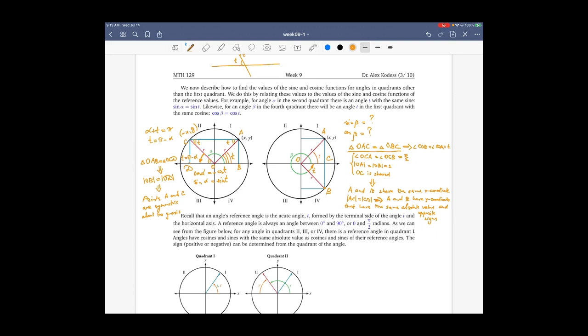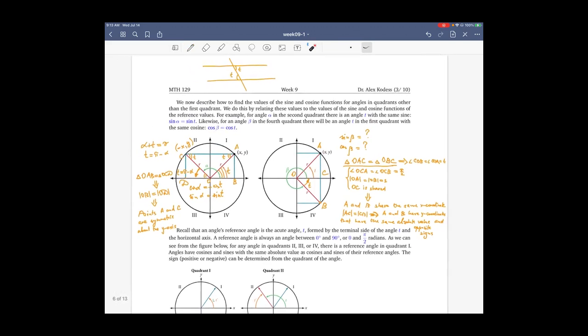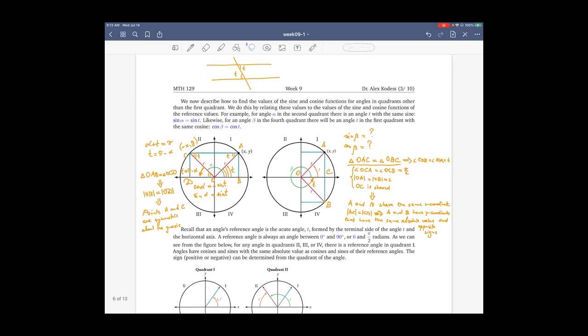But finding the x and y coordinates of point A is simple. Because this angle is t, x is cosine t and y is sine t.